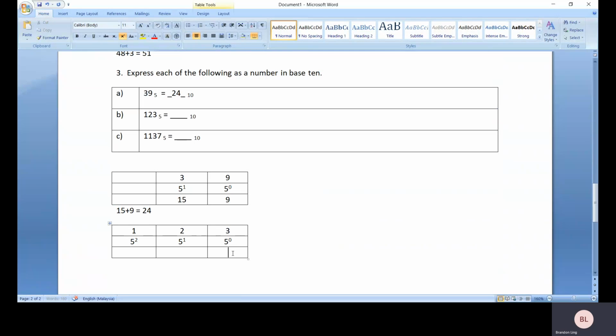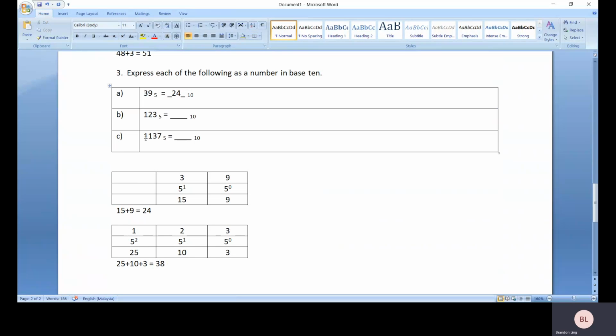So 5 to the power of 0 times 3, you get 3. 5 times 2, you get 10. 25 times 1, you get 25 here. So the final answer will be 25 plus 10 plus 3, you get 38.